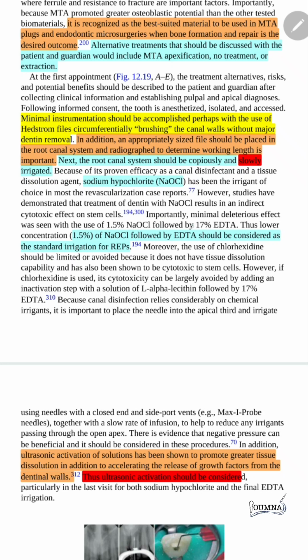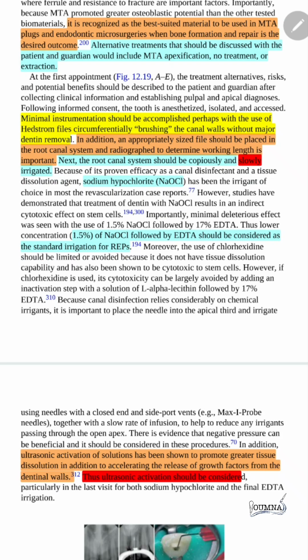Also, we said that between them there must be a saline to prevent any decrease in their effectiveness, because they produce a precipitate when they are mixed together, the hypochlorite and the EDTA.